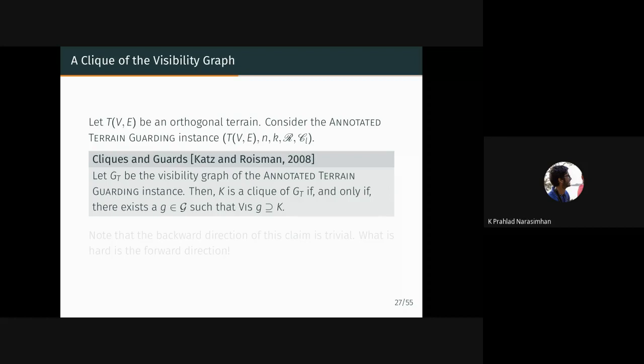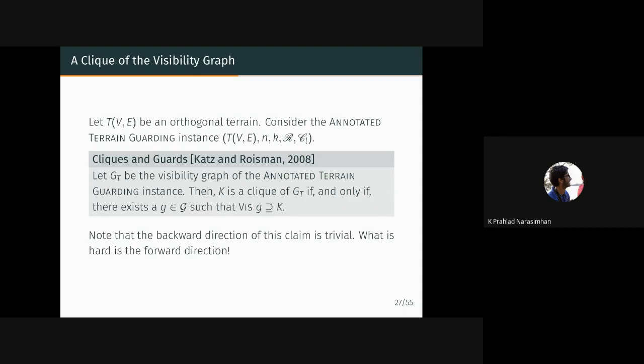Okay, what do I mean? So K is a clique in GT if and only if there exists a guard G which sees all of K, right?